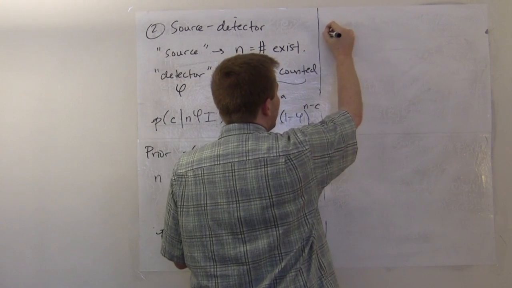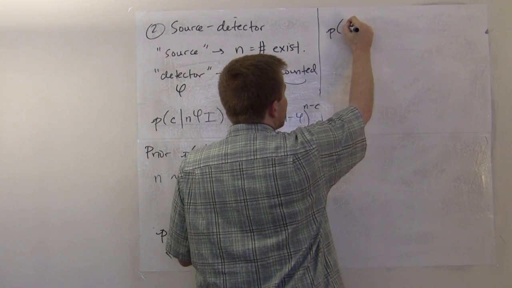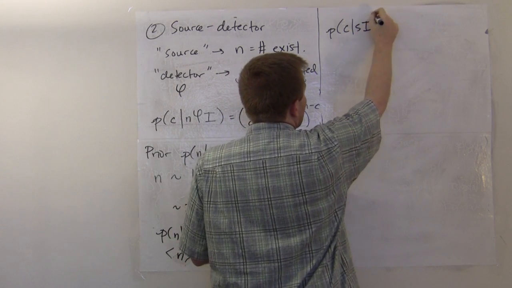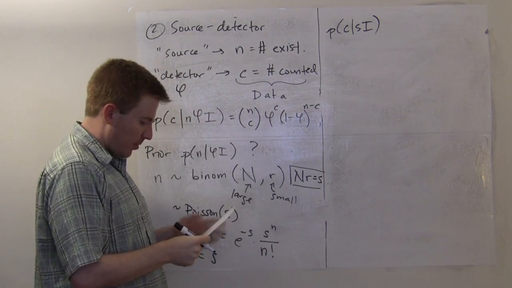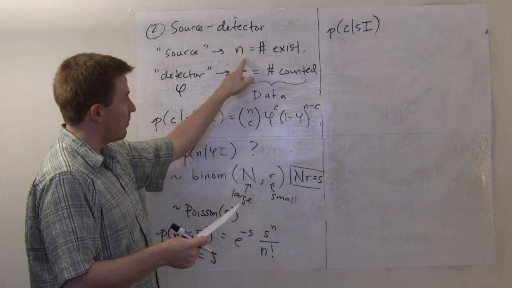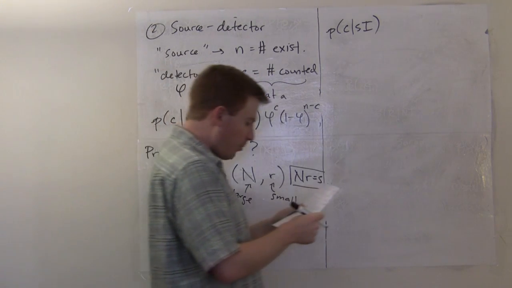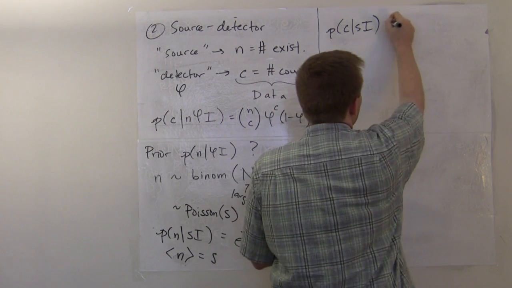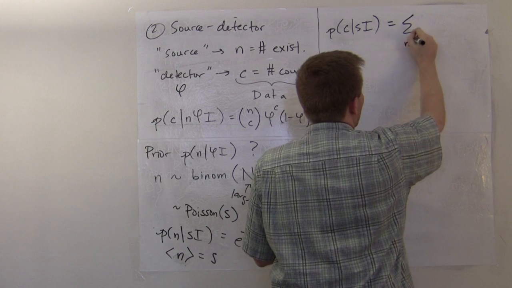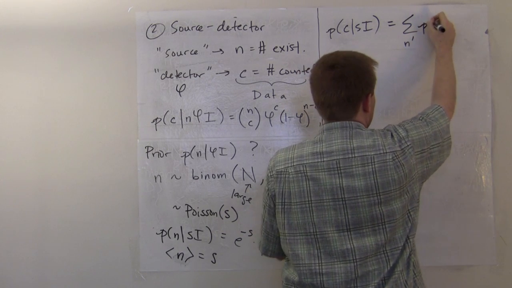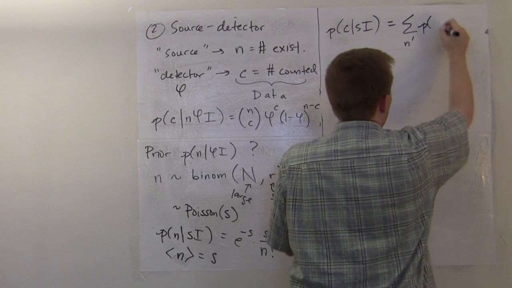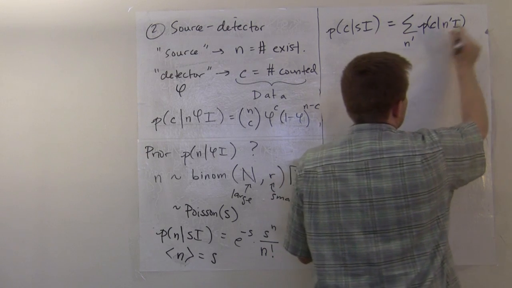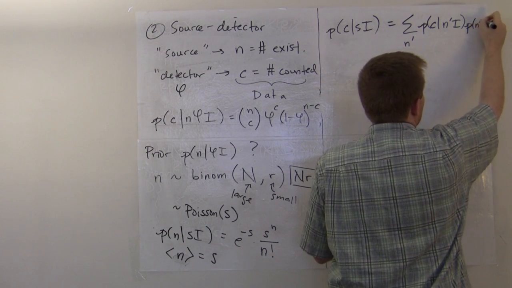Just as before, what we really care about is the total probability of the data, now not conditional on a particular parameter value n, but we'll write that as a sum over all possible values of n prime, where we take the data probability conditional on that value times the probability of n prime.